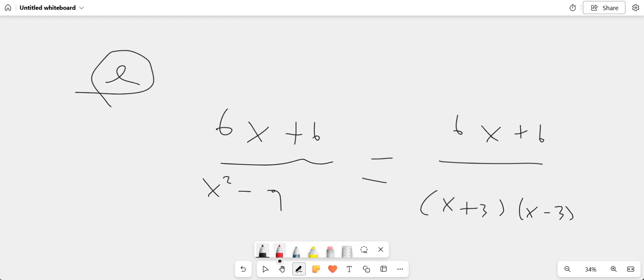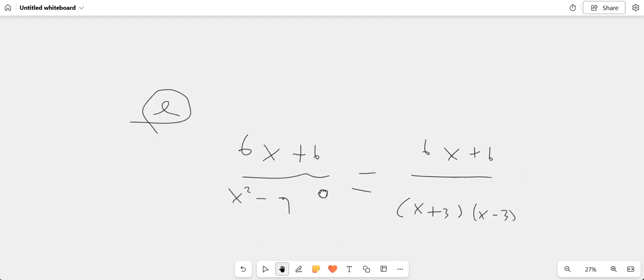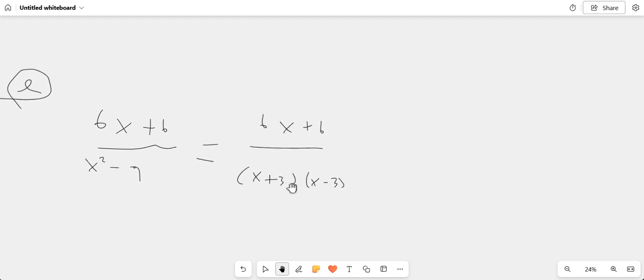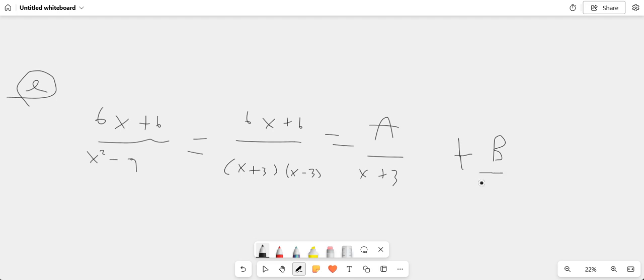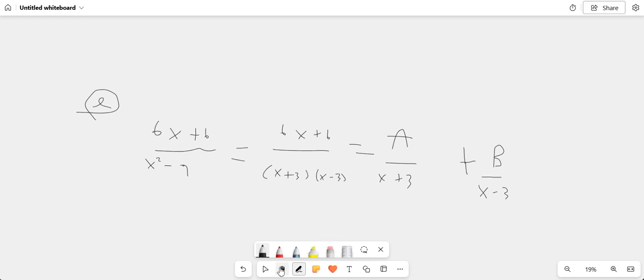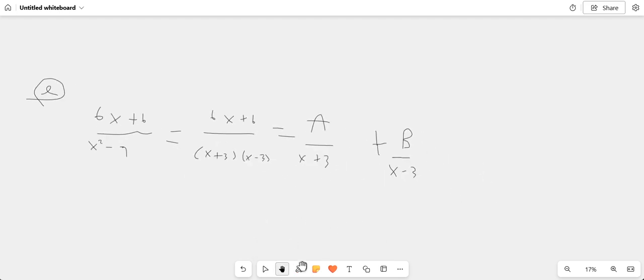The first bracket could have been x plus 3, but the examiner will know. As long as you're working correctly here, you don't have to worry about little differences. Alright, cool.